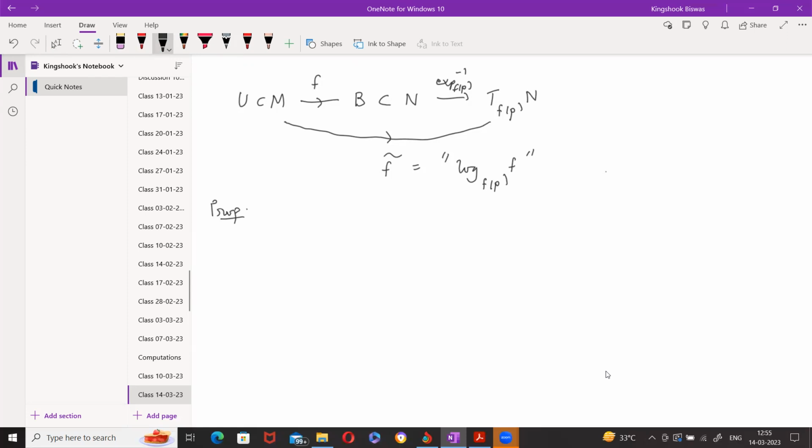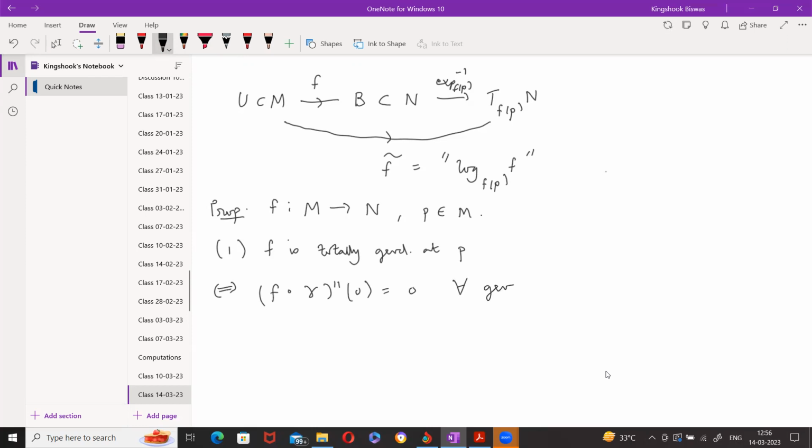So here F is a smooth map between Riemannian manifolds, and P is a point in M. So then one, F is totally geodesic at P if and only if (F composed gamma)'' (0) is equal to 0 for all geodesics gamma such that gamma(0) equals P.